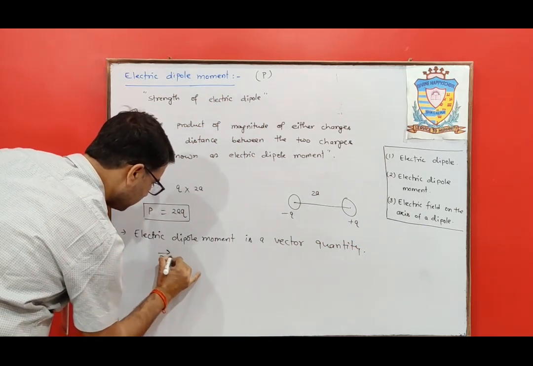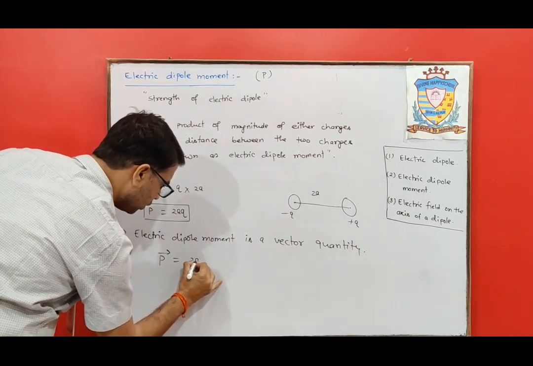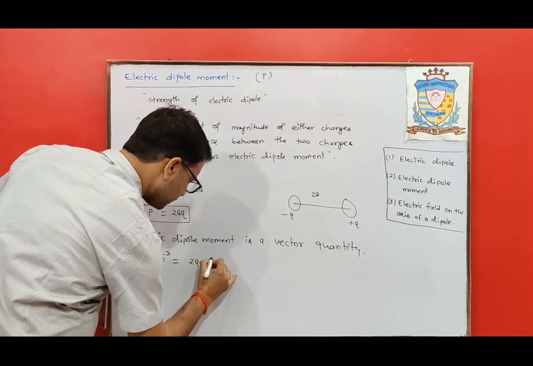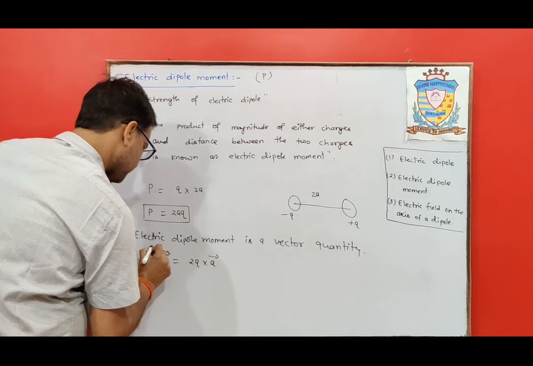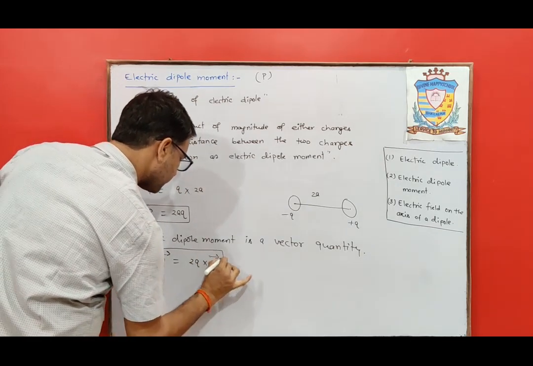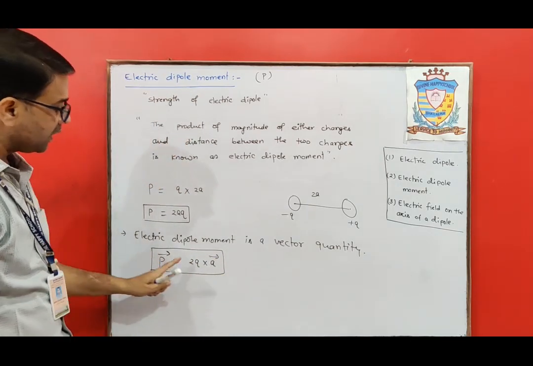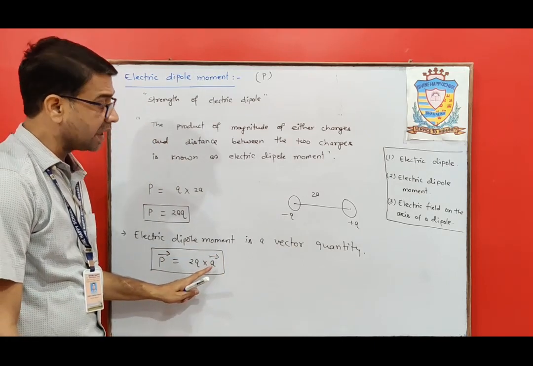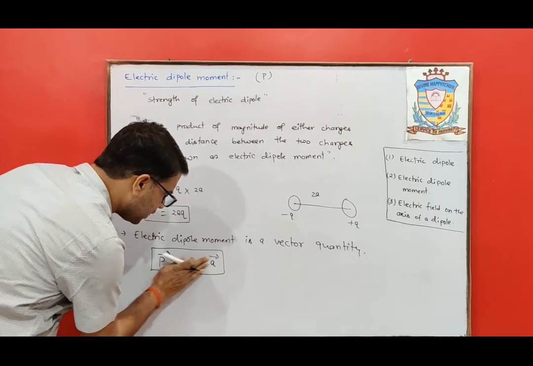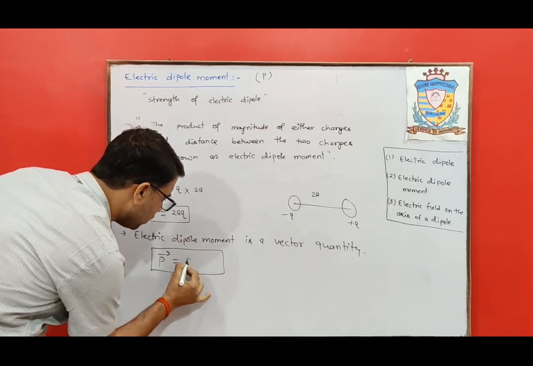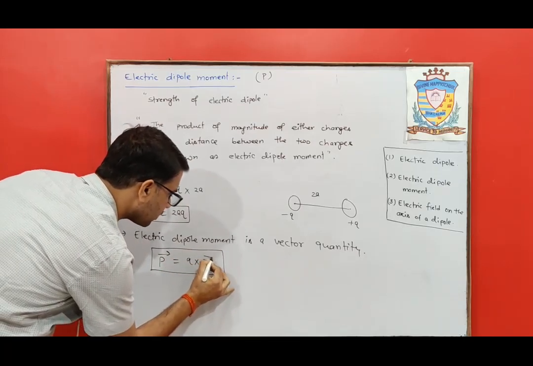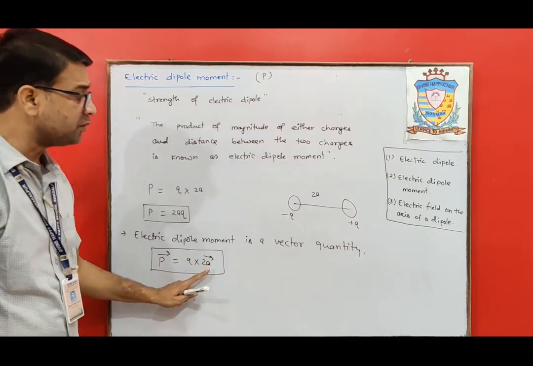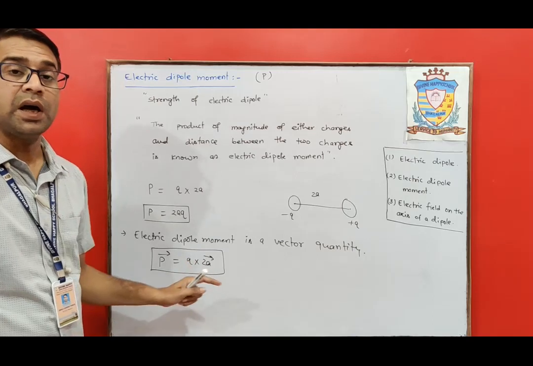That means P can be written as q times 2a. Because we know that charge q is a scalar quantity, the distance 2a between the two charges gives us the direction.